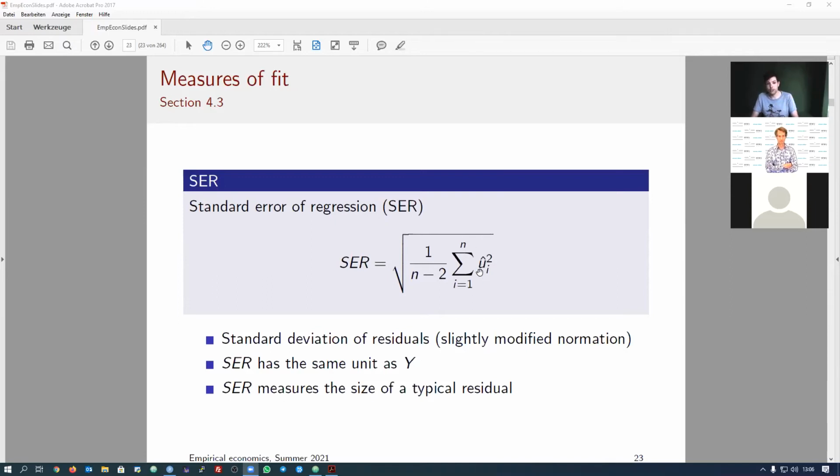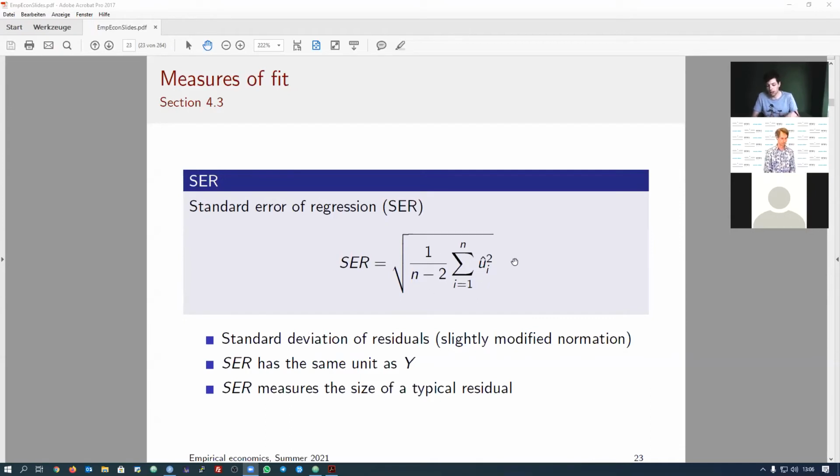I said before that u hat bar, so the average residual, is 0. So we could also write this in the fashion of a variance: u hat minus u hat bar and then squared. And then instead of 1 over n or 1 over n minus 1 for the variance, we divide by 1 over n minus 2.